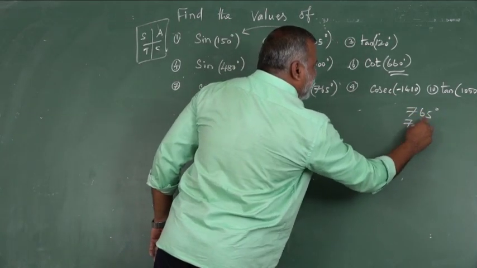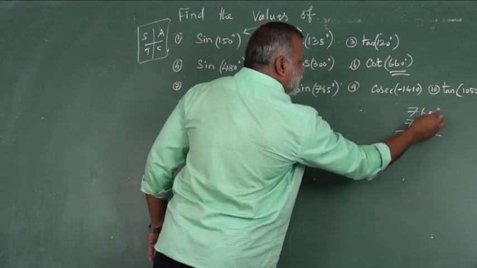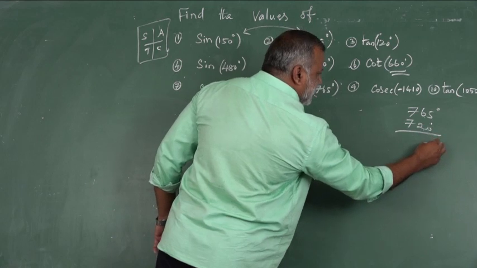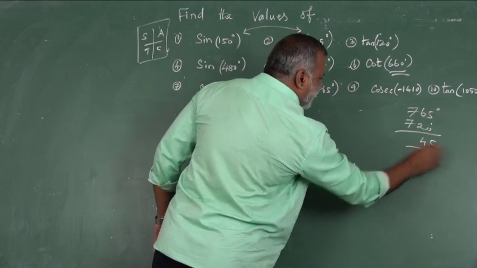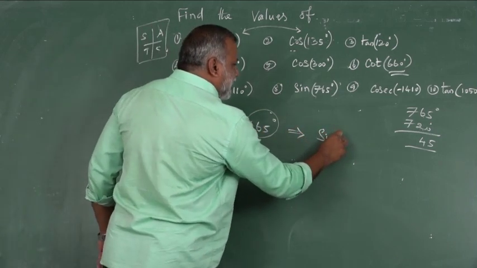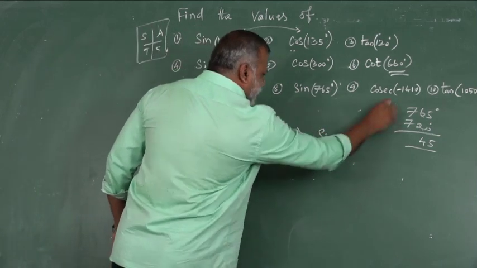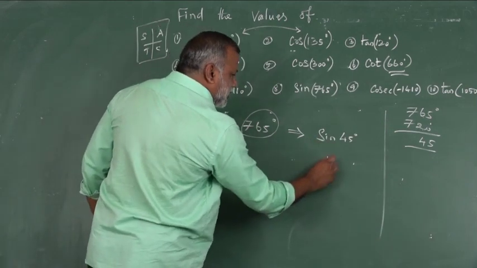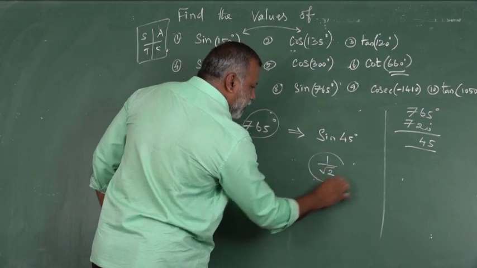Remove 720 from 765, the remaining is 45 straight away. So 765 can be put in the form of sine of 45. From the trigonometric table, it is well known, sine 45 is 1 by root 2.